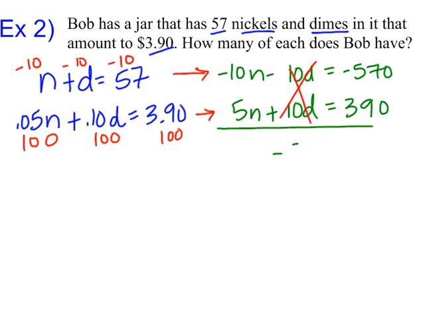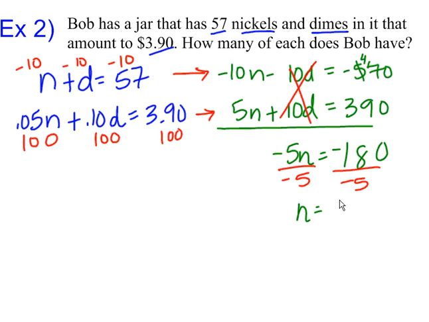I have -5n here, and the difference here is -180. We're going to divide both sides by -5, and we get 36. So then we'll get 36 nickels. So far we know we have 36 nickels.